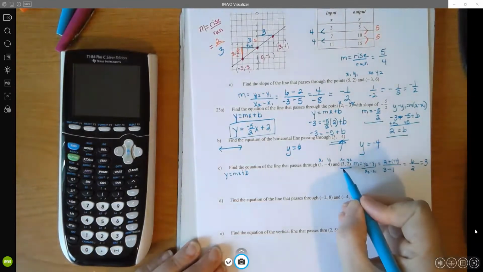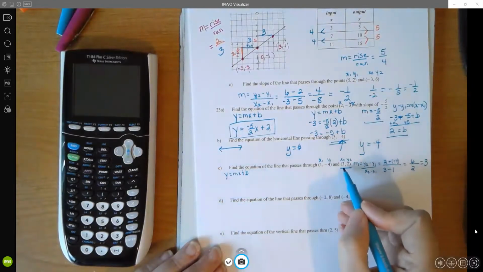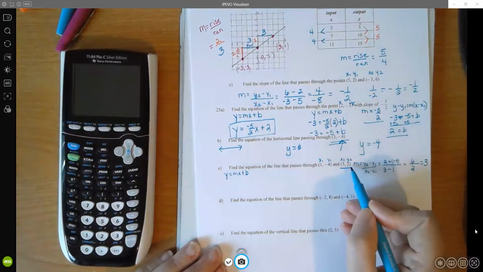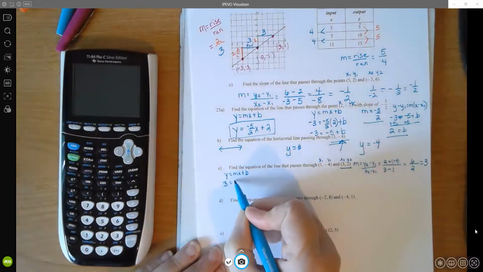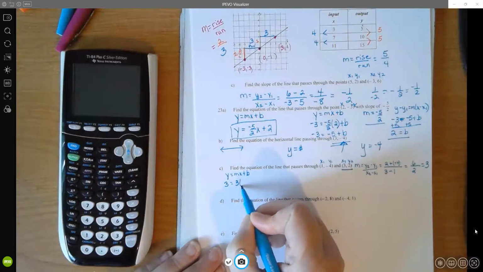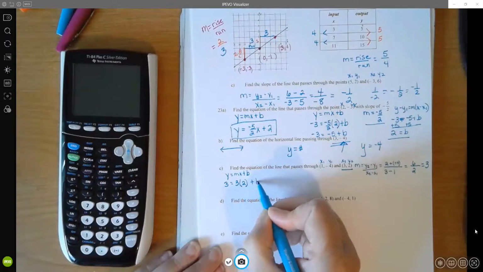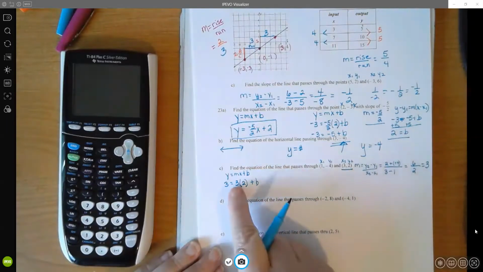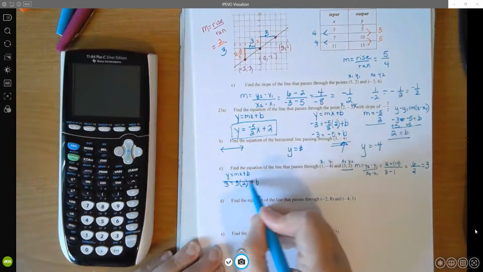So we have the point 3, 2. Okay, so we're going to choose y is 3. My slope is 3. My x is 2, and then the b. Again, your x is 3. No, I did that all wrong.